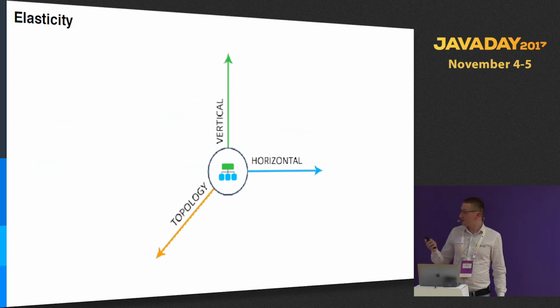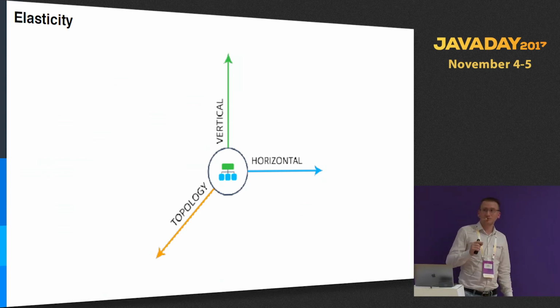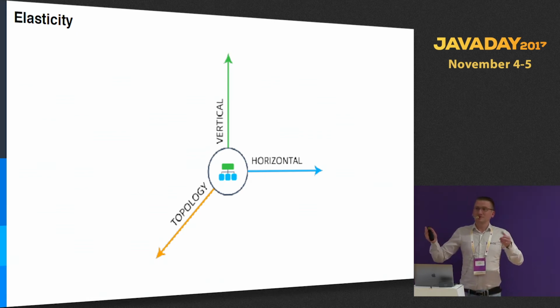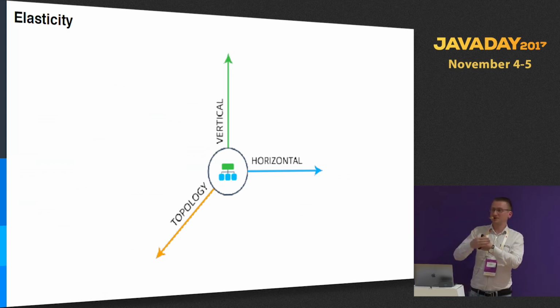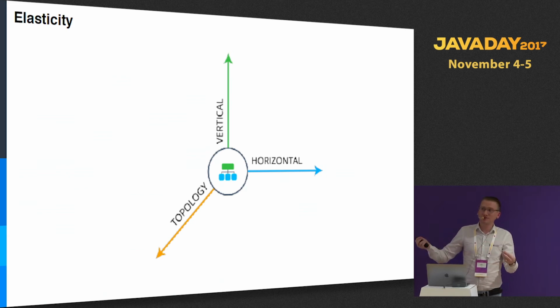And topology. Topology is the thing where I started my talk from, the application, the big part. So some of the big parts can be cut into smaller parts, and these smaller parts can be moved to microservices.